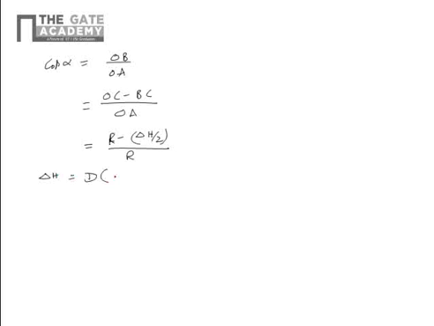Cos alpha equal to OB by OA, you can write OB as OC minus BC, divided by OA, that is equal to R minus delta H by 2 divided by, what is OA, R. So if you simplify it, you will get delta H equal to D into 1 minus cos alpha. Which is one of the important formulas for GATE questions.